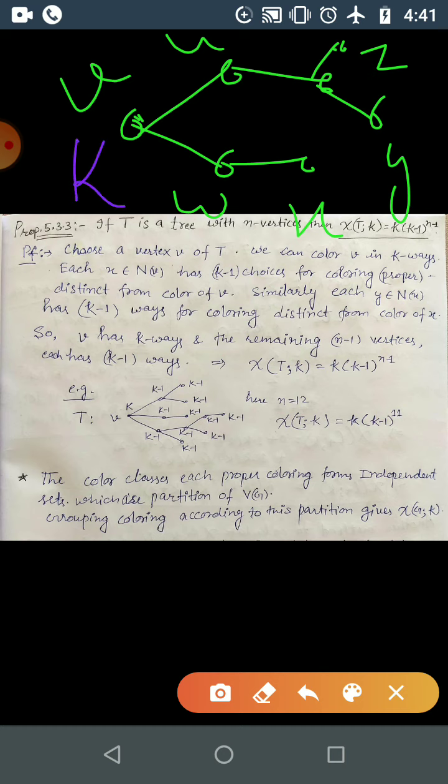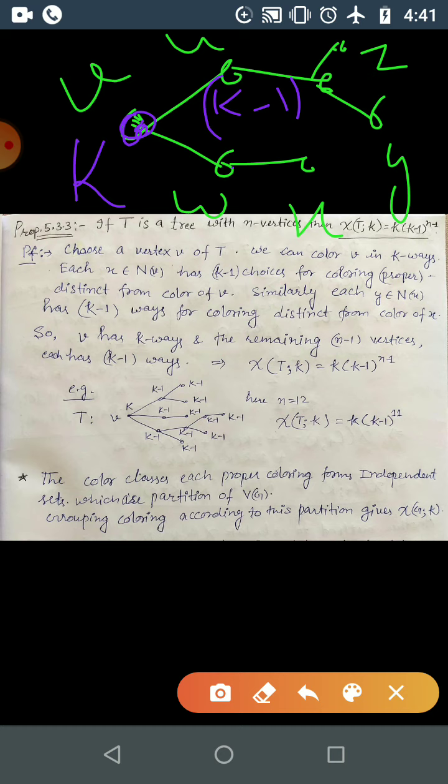Since V has been colored by color number 1, the adjacent vertex will not be colored by the same color, so we have to use the remaining k minus 1. So U, the second vertex adjacent to V, has k minus 1 choices.